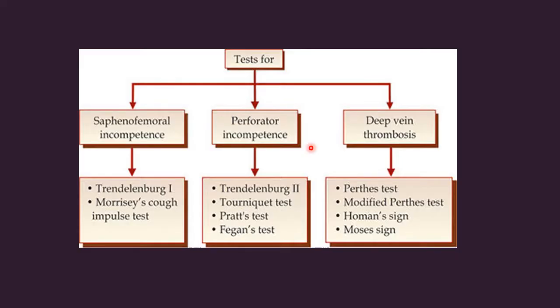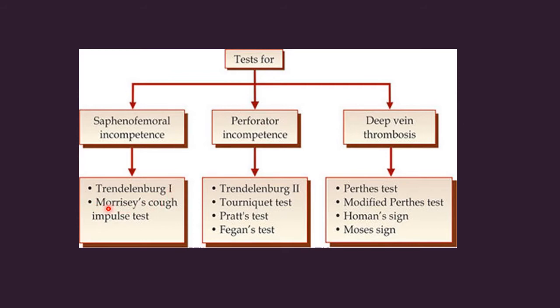This chart shows you the various clinical or special tests that are available for examination of varicose veins. They can be classified into three main groups to detect saphenofemoral incompetence, perforator incompetence, and deep vein thrombosis. Under saphenofemoral incompetence, you have the Trendelenburg-1 sign, where you occlude the saphenofemoral junction and watch for the refill.